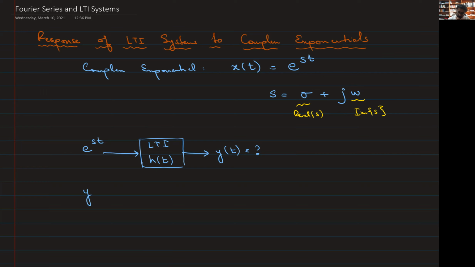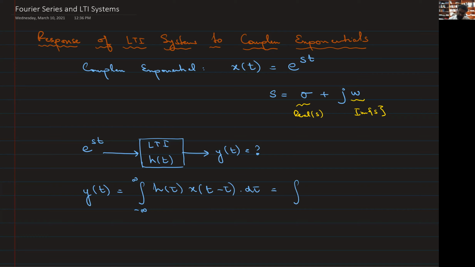So y of t, I know, is the convolution of the input and the impulse response. So this is minus infinity to plus infinity, and I would rather use this definition, h of tau and x of t minus tau d tau. That's just the definition of convolution.